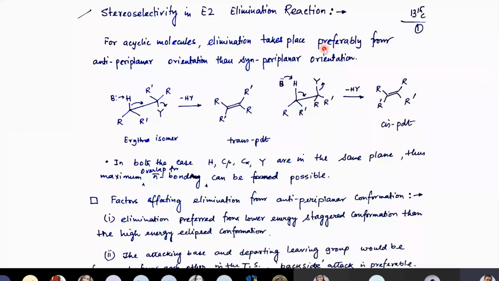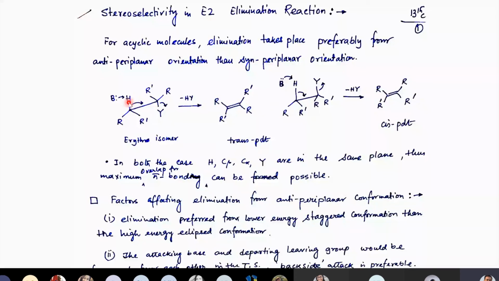The elimination could take place preferably from anti-periplanar orientation like this or syn-periplanar orientation like this. So the elimination is possible to happen either from anti-periplanar orientation or from syn-periplanar orientation. So both are actually possible. Okay, which one is favorable will come later, but both are possible.